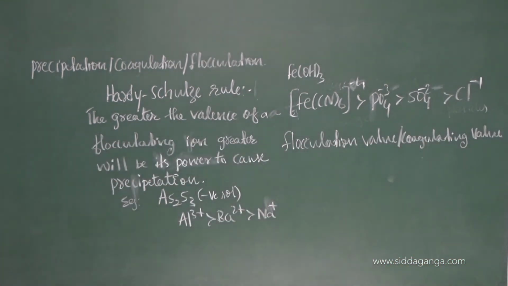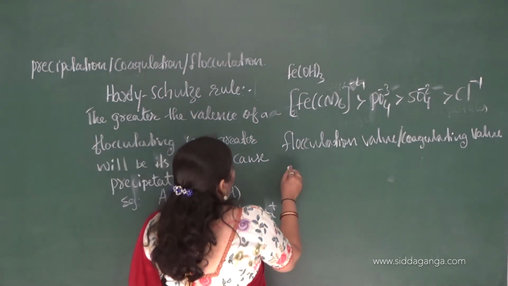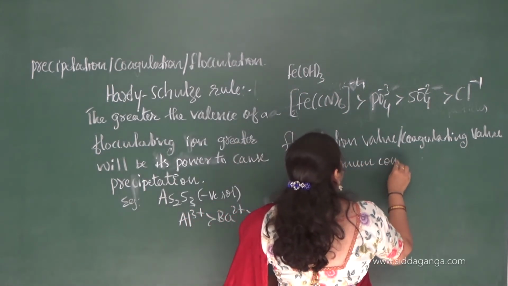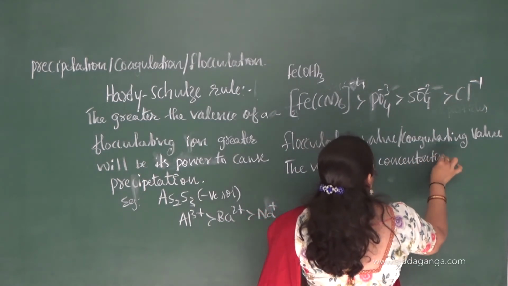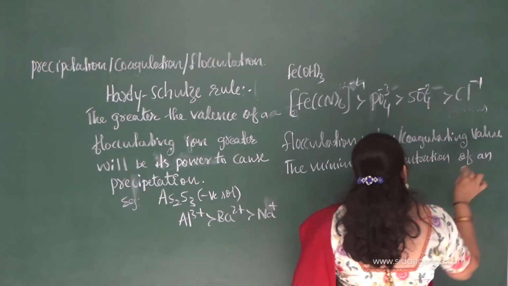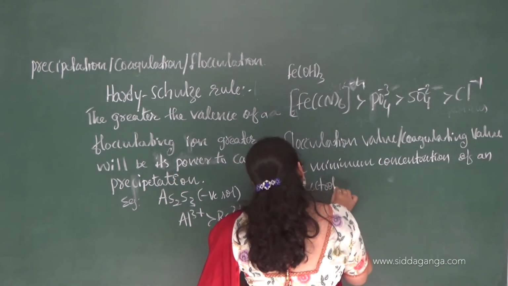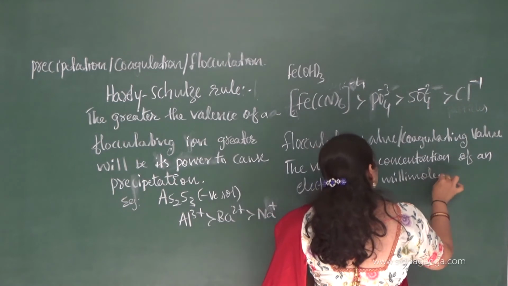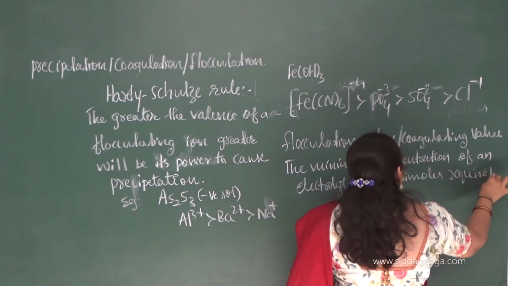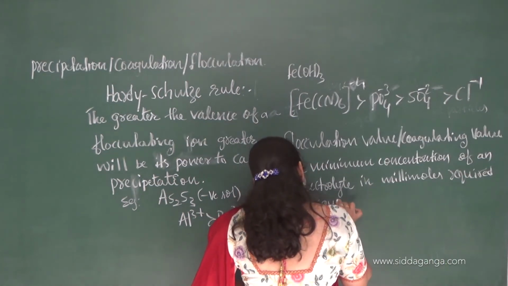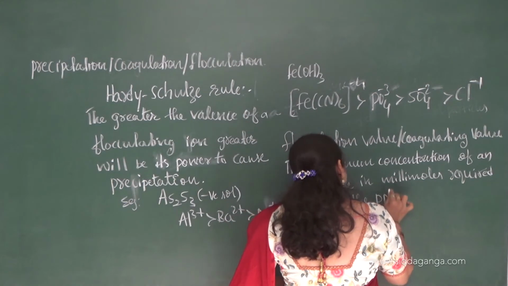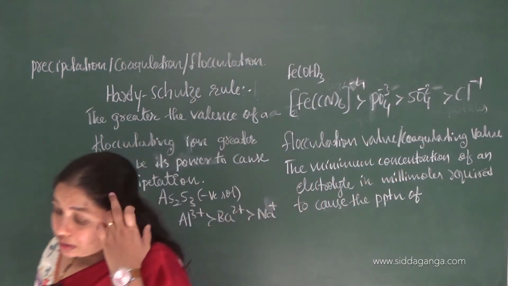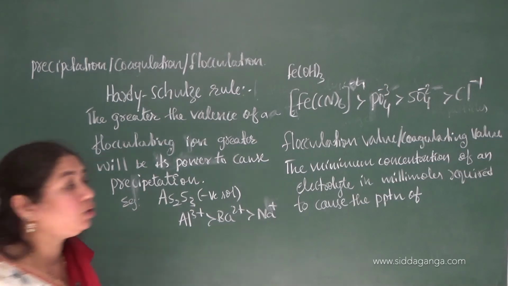That is nothing but the minimum concentration of an electrolyte, in millimoles, required to cause the precipitation of a sol in 2 hours.